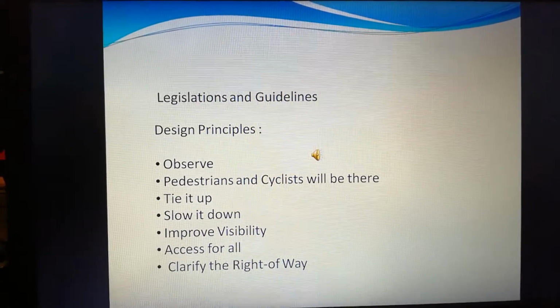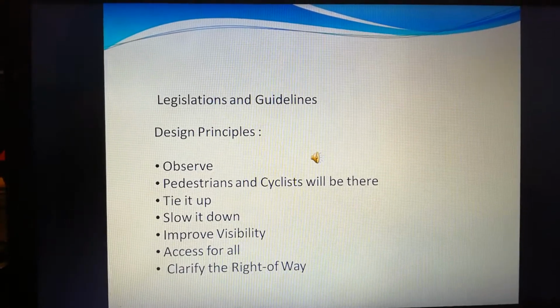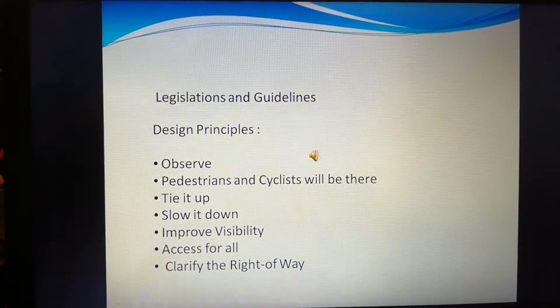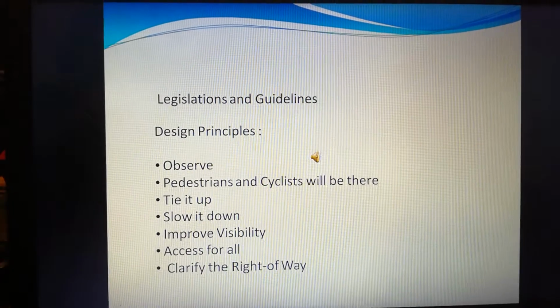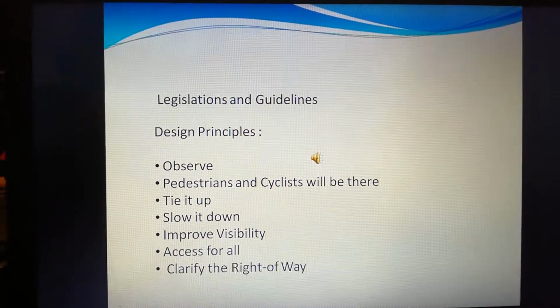Improve visibility. Always ensure maximum visibility of pedestrians and cyclists through providing plenty of sight distance and installing adequate pedestrian and cyclist markings and signals. Access for all.